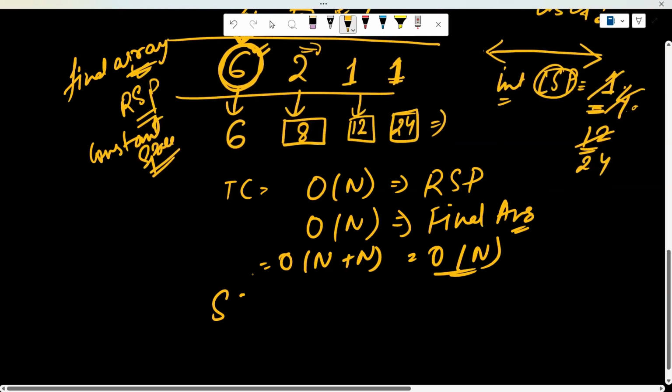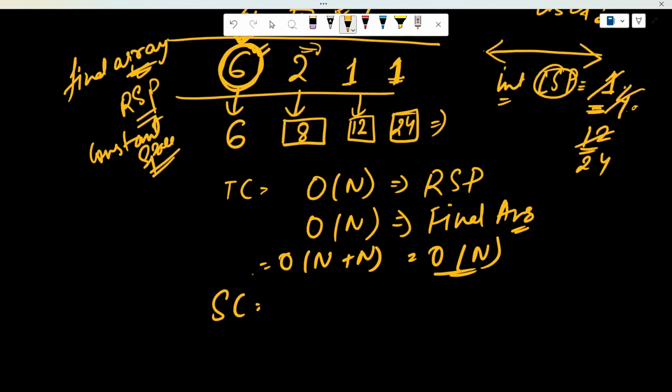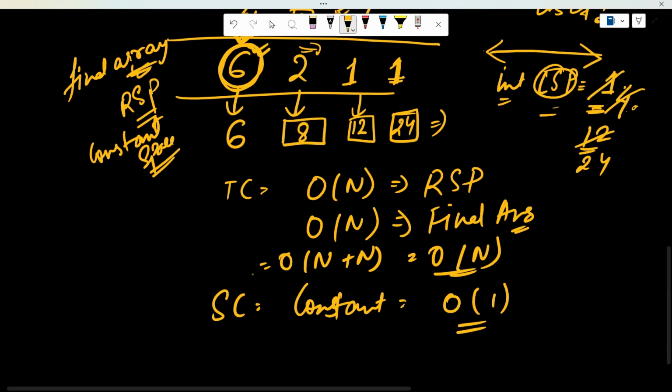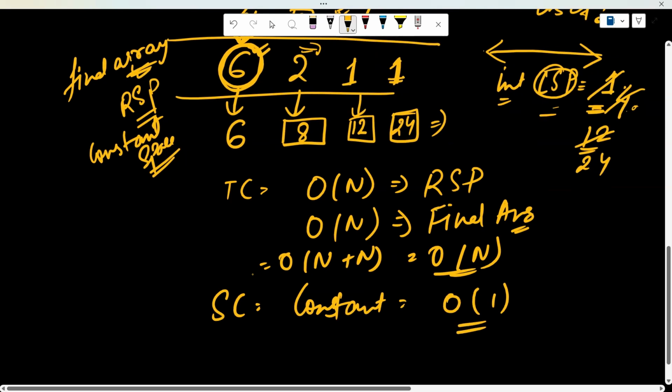And if we talk about space complexity, we are not taking any excess, we are taking only constant space to calculate this LSP, right? So we can say space complexity big O of 1. So this is the most optimized answer, satisfying all the conditions given in the question.